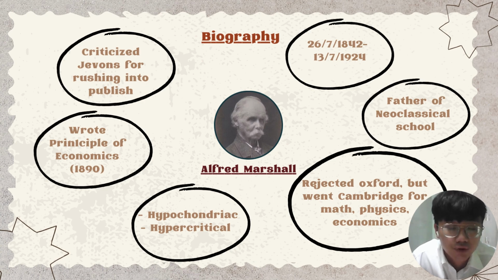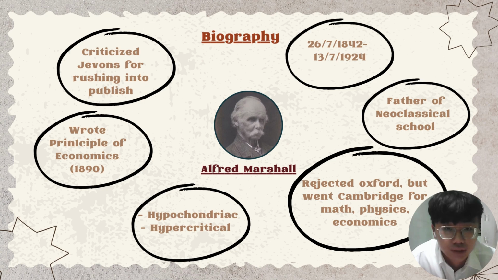A fun fact is that he was helped by his well-to-do uncle because his father was too poor to pay his tuition fee. He was also a hypochondriac because he was very concerned about his own health, and very hypercritical because he had high expectations about his own writing.